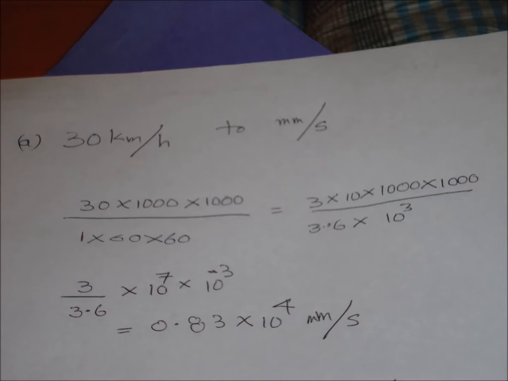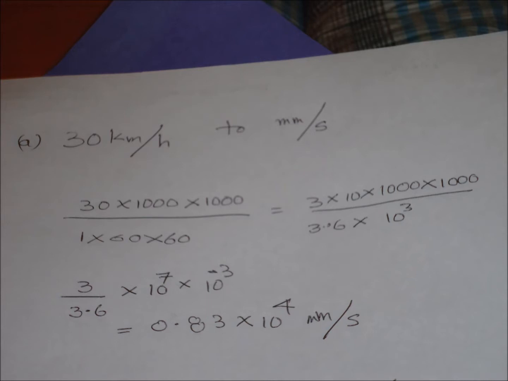So now you will have 3 on 3.6. The numerator has 10, 1,000, and 1,000, which is 10 to the 7. There are 7 zeros. The 10 to the 3, which is in the denominator, the bottom of the line, will come to the numerator as 10 to the minus 3.